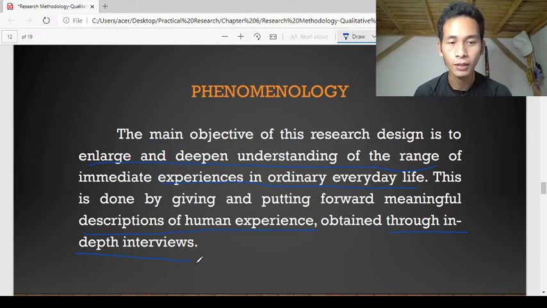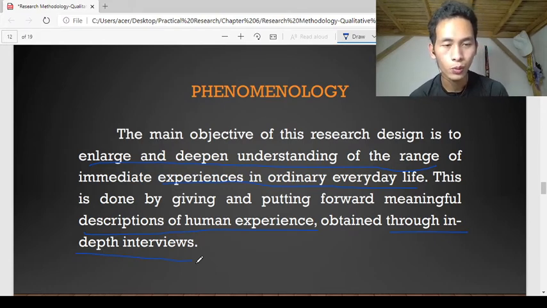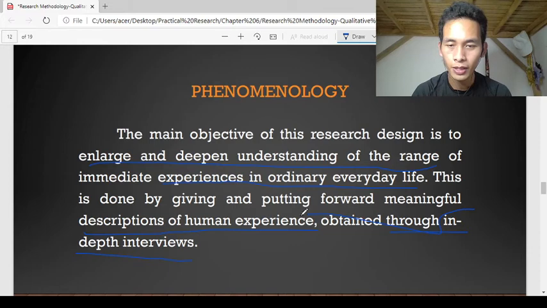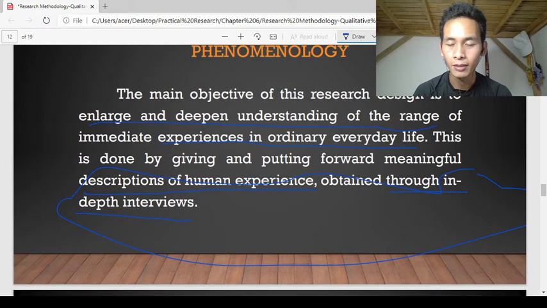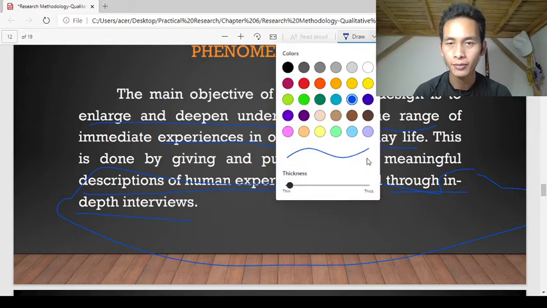So it's all about putting forward meaningful description of human experiences through in-depth interview. An in-depth interview is a deeper interview, and it's all about evaluating one's consciousness, one's awareness of the problem being studied.